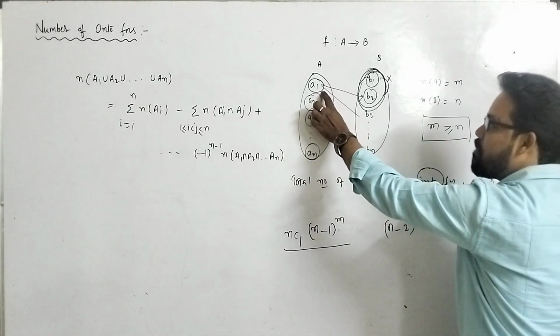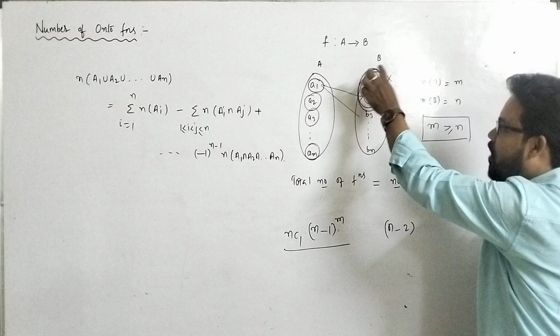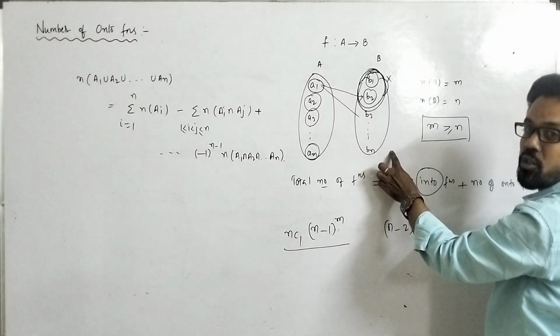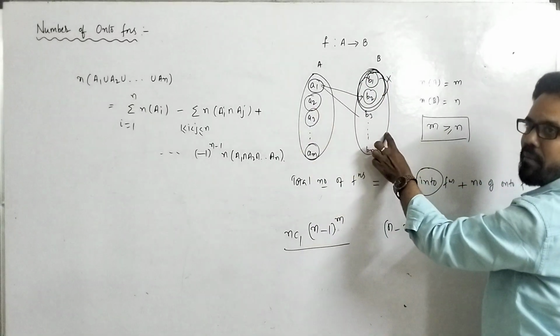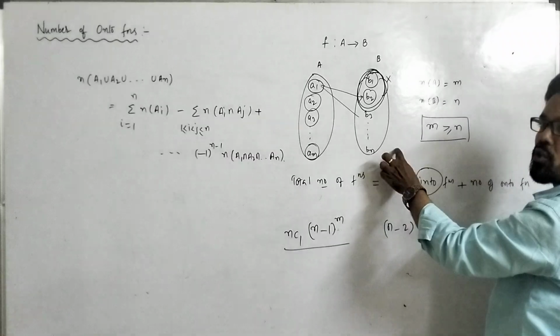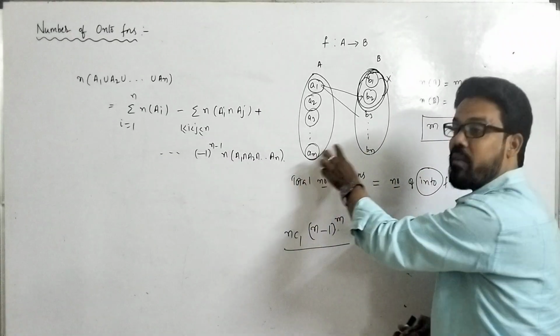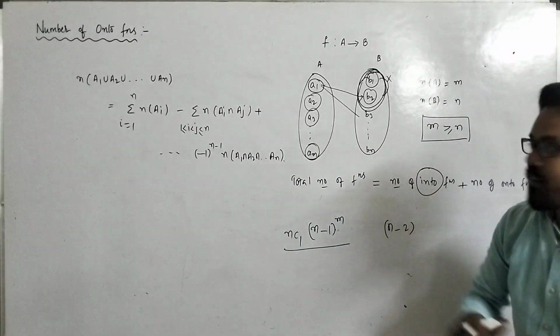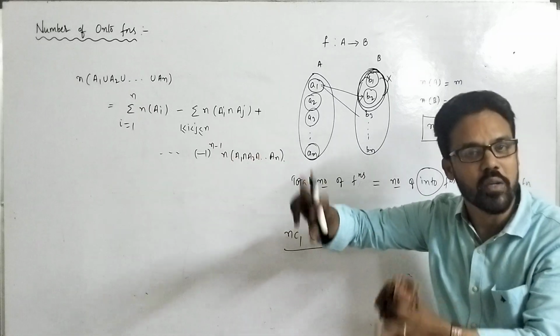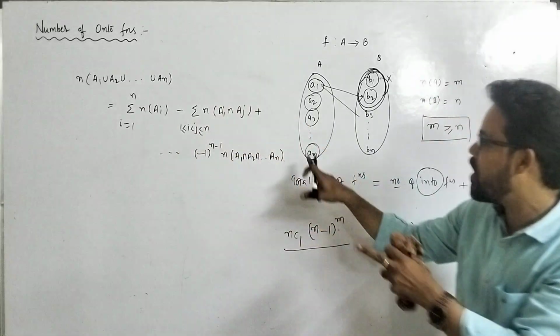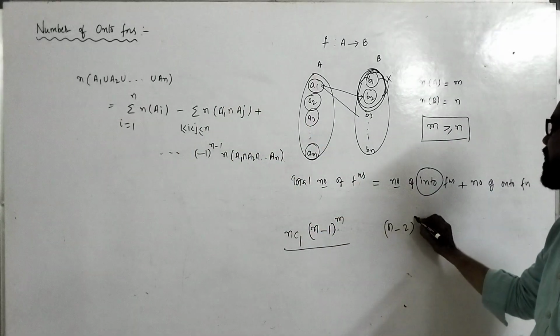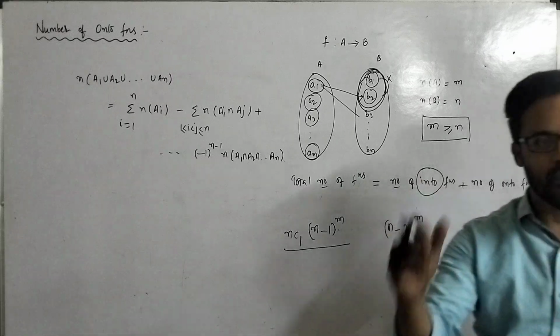Now here A1 can be mapped with any one of these n minus 2 elements, n minus 2 ways. Again A2, n minus 2 ways. Again A3, n minus 2 ways. So on to Am, n minus 2 ways. Therefore A1 n minus 2, A2 n minus 2, so on to Am n minus 2, so the total is n minus 2 whole power m.